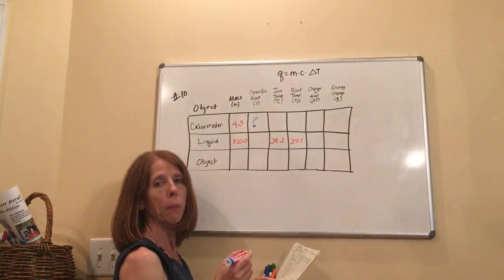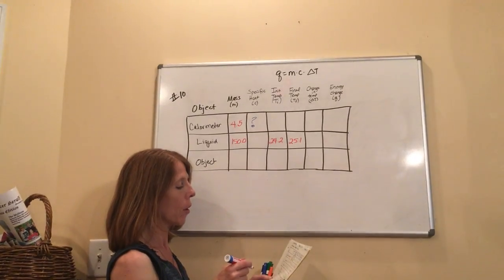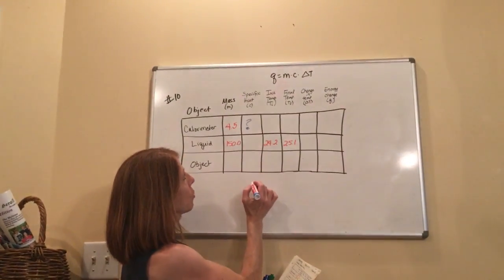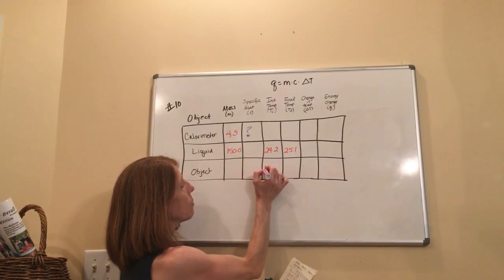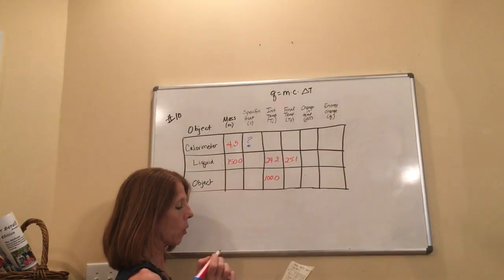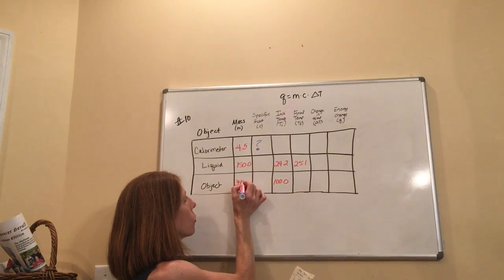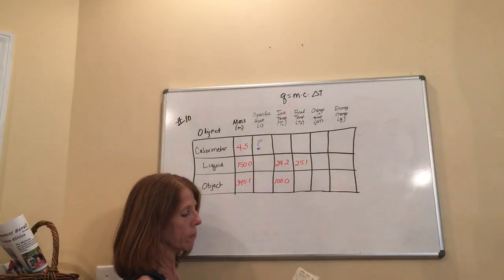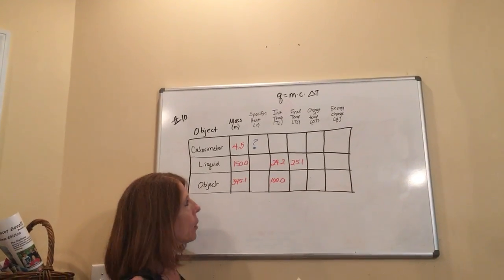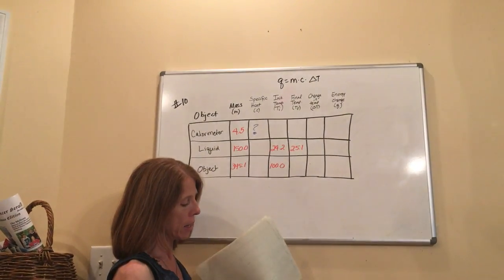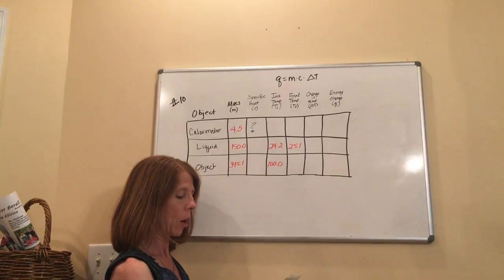We also know that the object that was dropped into the calorimeter was at 100 degrees Celsius when it started. So its initial temperature is 100.0. Okay, and the other thing we were told is that the object weighs 345.1 grams.